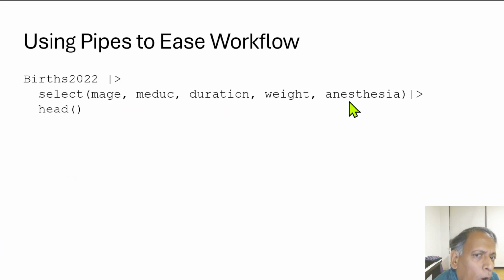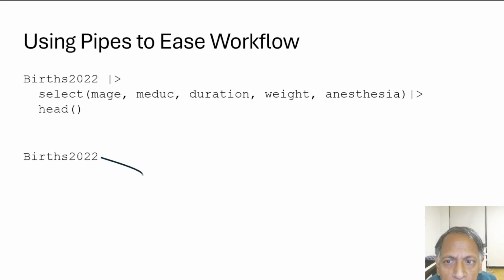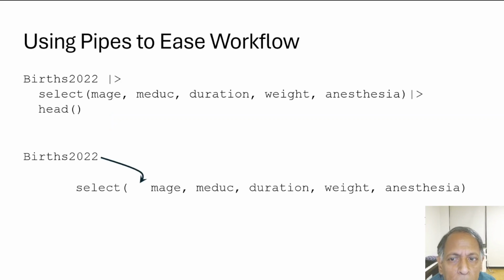Once again we are sending it through a pipe into this function called head, and out is going to come the result. So it looks like this. It says births 2022. We pipe it into the select function, and then the select function finishes its work and pipes the result into head, and you get now the first few rows in this data frame that came with only these columns. You don't get all the columns.